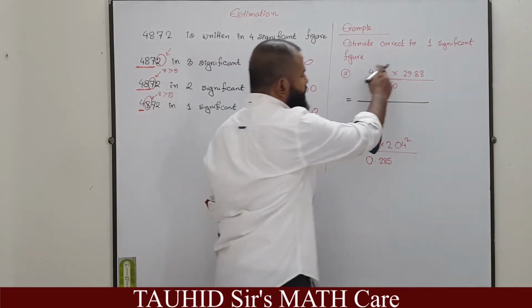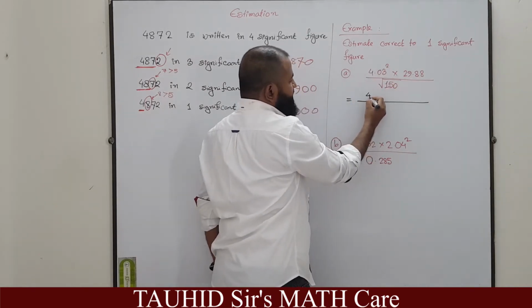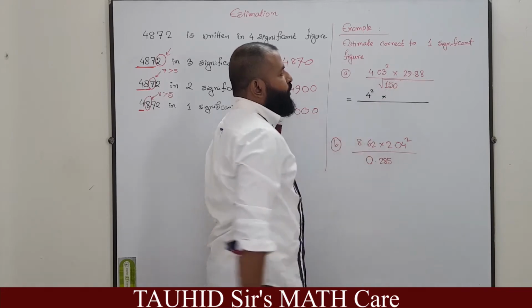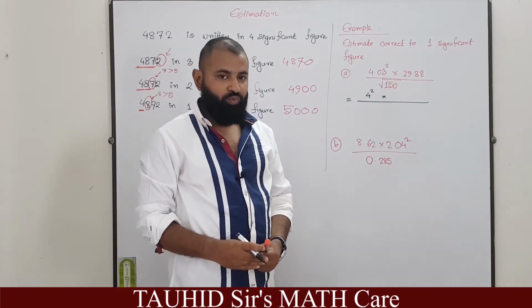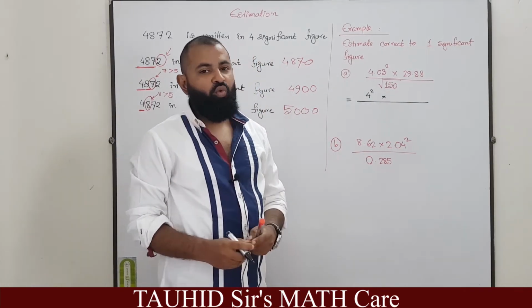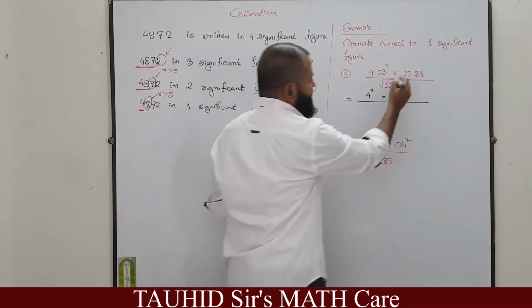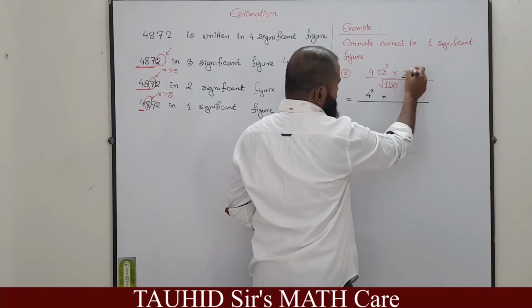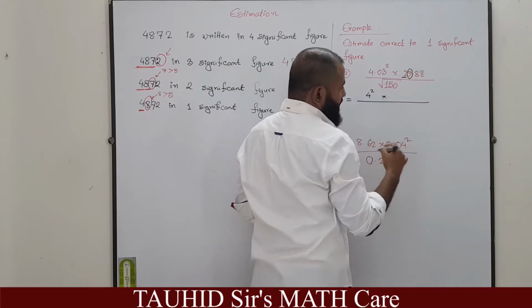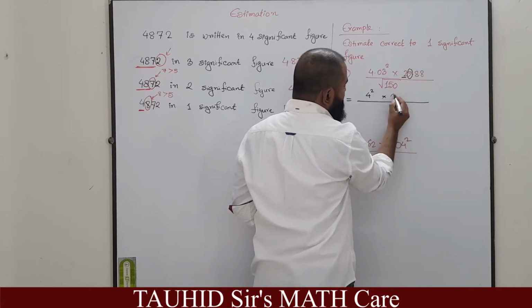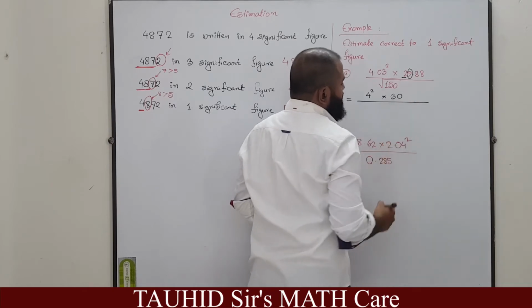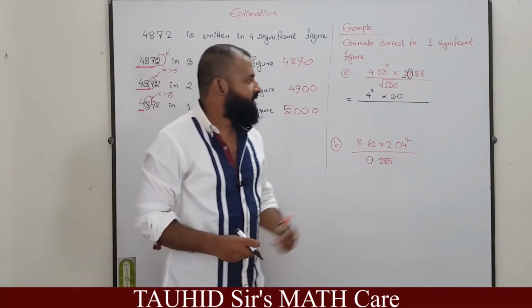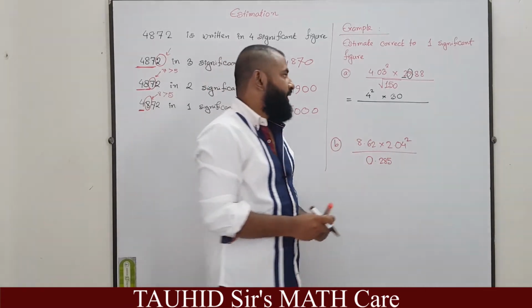For example, 4.03 we will take at 1 significant figure as 4, squared, multiplied by 29.88. What is the nearest 1 significant figure? 2, and after that a 9, which is greater than 5. So in place of 2 we will write 3, 0, 30. Instead of 29.88 we will write 30 to one significant figure.